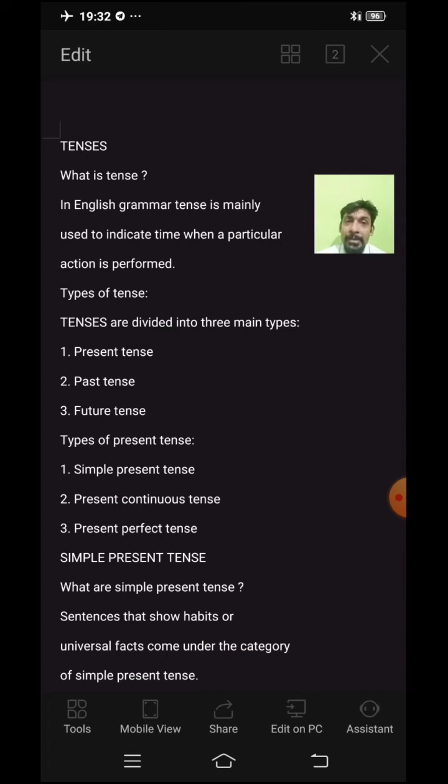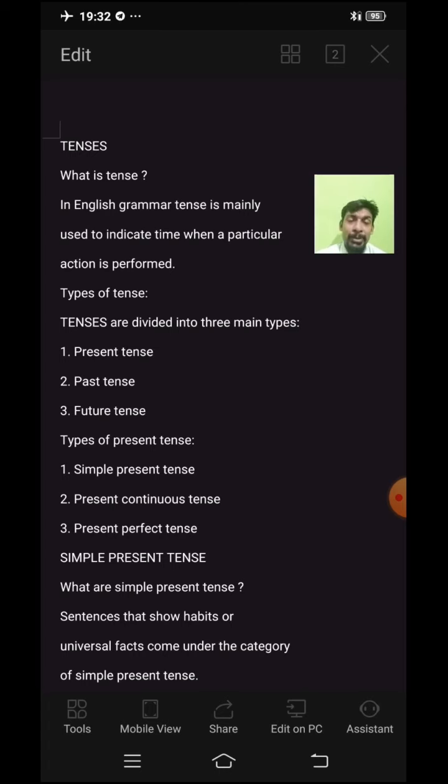Means the sentences that I am telling you, all these sentences, they come under the category of habit. And hence, in order to convey this sentence, I will use the simple present tense form of the present tense. Along with this, it is also used to state a universal fact.